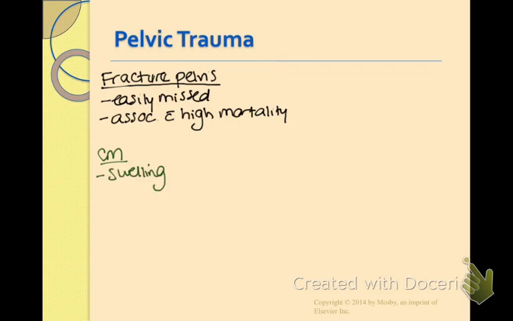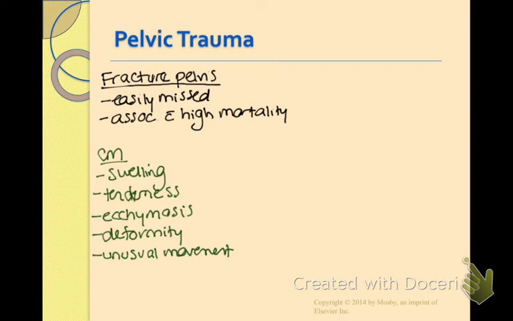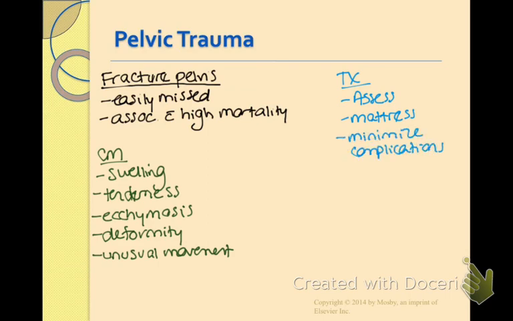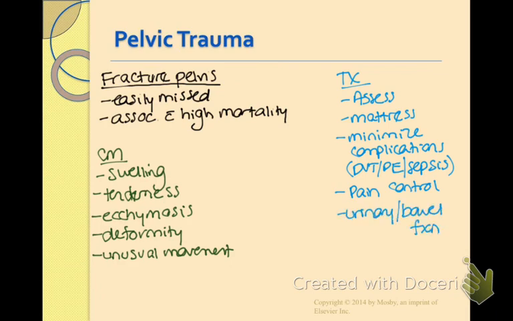Clinical manifestations: swelling in the area, tenderness, bruising, deformity, unusual movement. In treatment, we want to assess. There are special mattresses that they can use. We want to minimize complications like a DVT, pulmonary embolism, sepsis. We want to get them up, get them moving, get their lungs expanded, get the blood going, control their pain, and help with any urinary and bowel function.